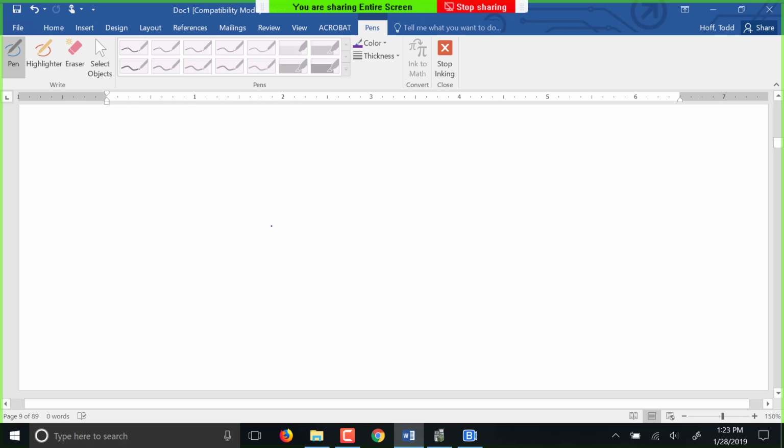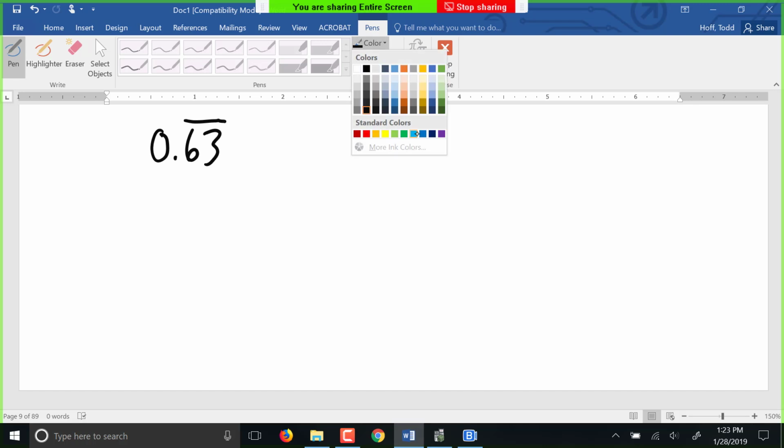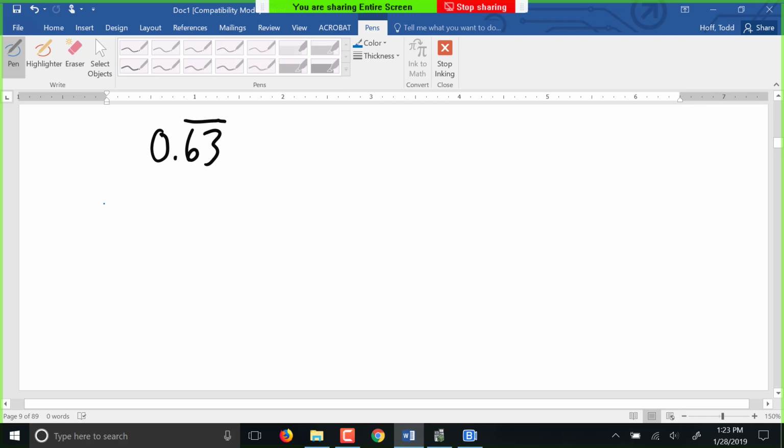So with that in mind, let's take a look at the repeating decimal, 0.63. We're going to put the bar over it to indicate that it repeats over and over again, 0.636363 and so on. And we're going to write the equation x equals 0.63 repeating.